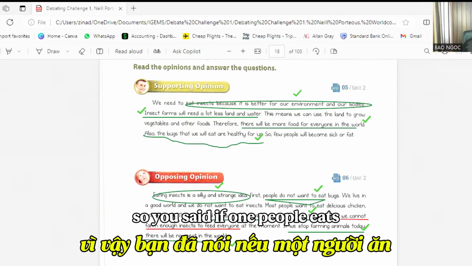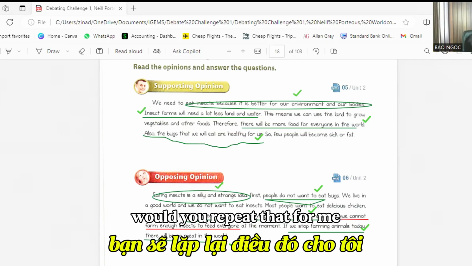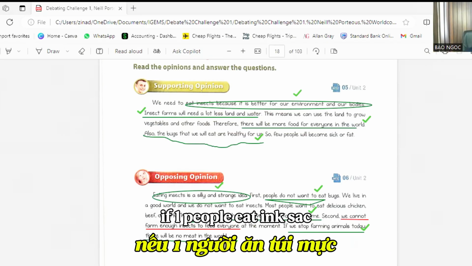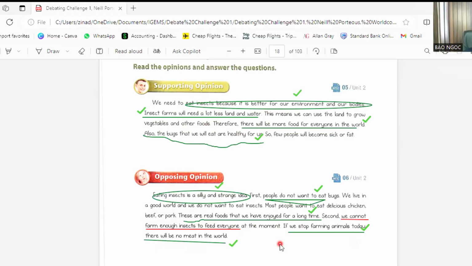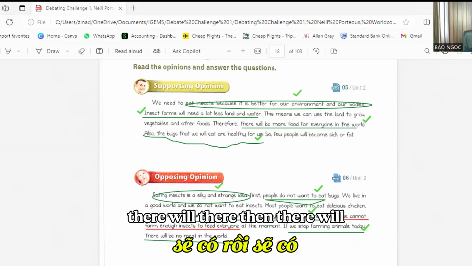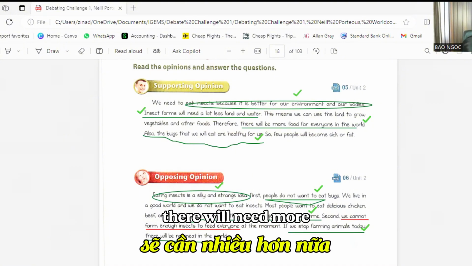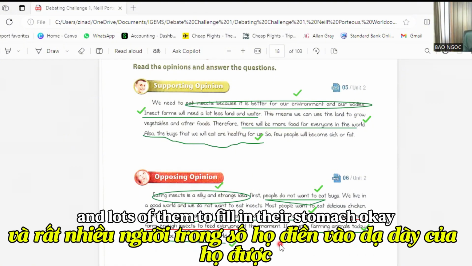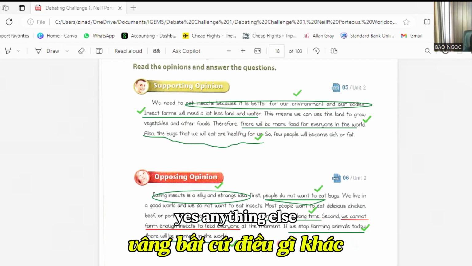So you said if one people eats, would you repeat that for me? If one people eat insects, they will need more and lots of them to fill their stomach. Okay, yes. Anything else?